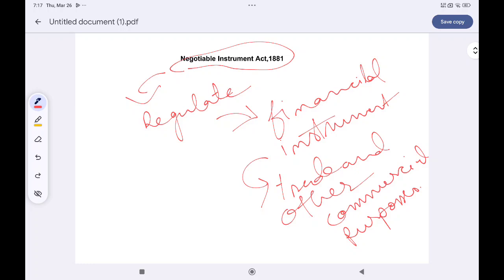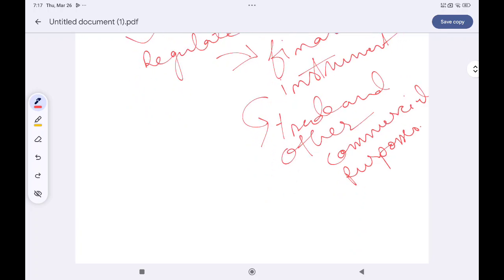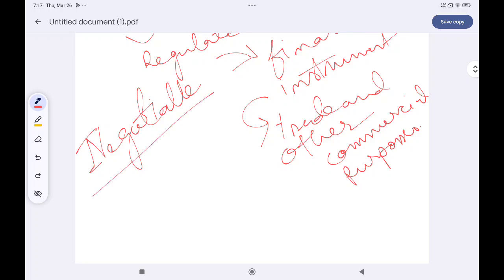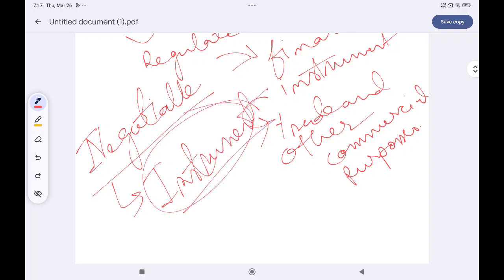Now let's understand what negotiable means. Negotiable simply means something that can be negotiated. And instrument means what we generally understand by the meaning of the instrument.